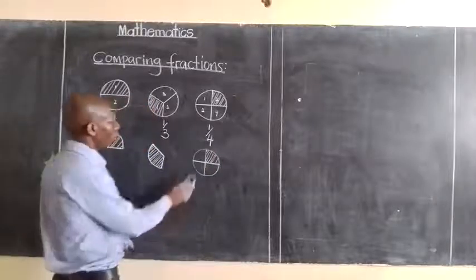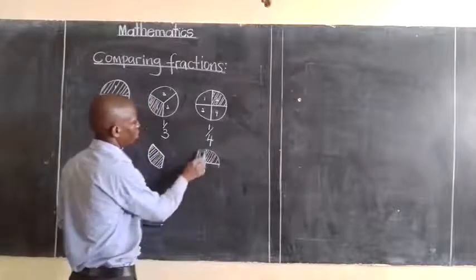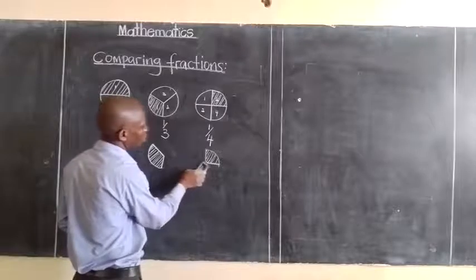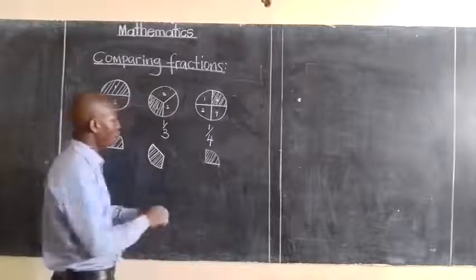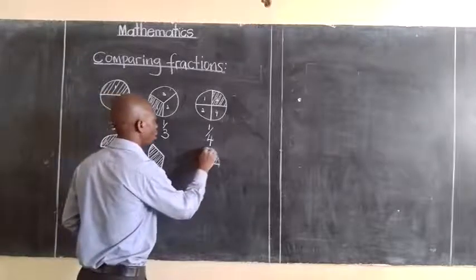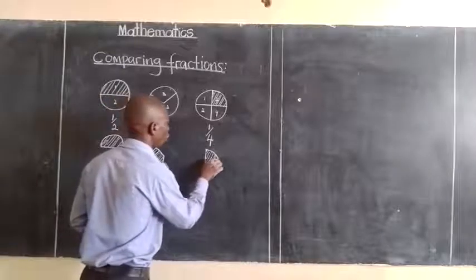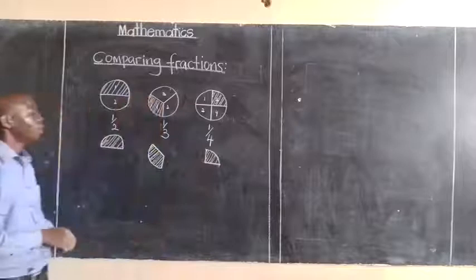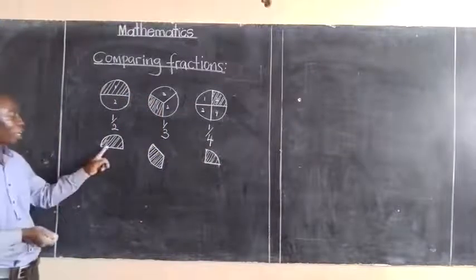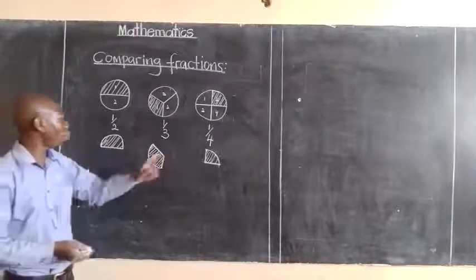That's the part which has been shaded. And now we are having that part, which we may call 1/4. So now we are comparing this part, that part, and that part.